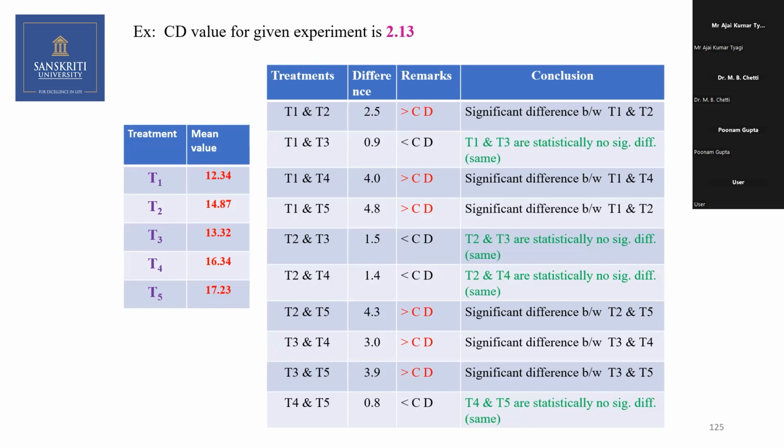Suppose you are supposed to say which variety is performing better, we can say that statistically T5 is performing excellent, significantly superior compared to T1, T2, and T3, but not from T4. Suppose the cost of cultivation is less for T4, you can select T4 because it is almost similar to T5. Statistically, it is not significant. T4 is on par with T5.